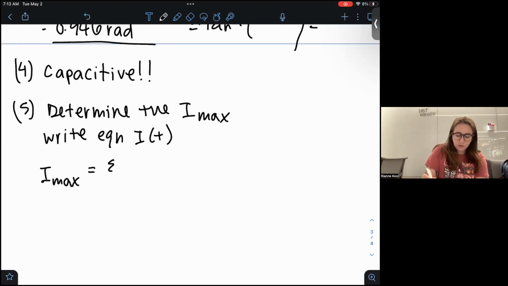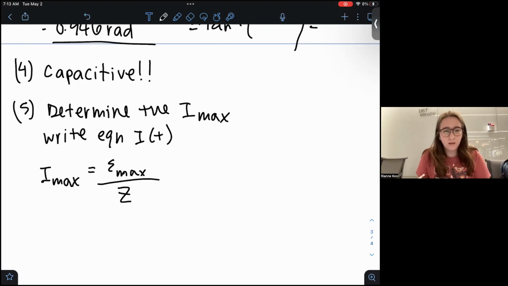We have our E max divided by our impedance. You can really think about this in terms of V equals IR. This is very similar to Ohm's law.